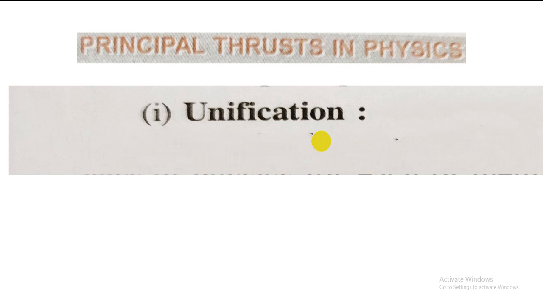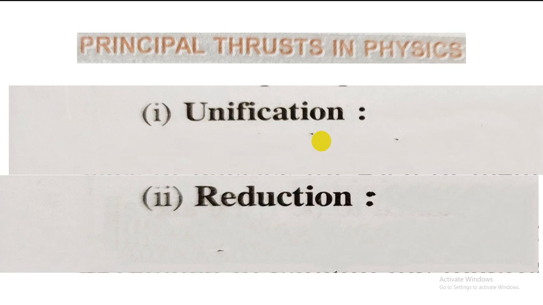The example which I am quoting here is, suppose the study of electricity, study of magnetism, study of electromagnetic waves, these are all combined together by Maxwell in Maxwell's equation. So that is unification. Next is reduction.